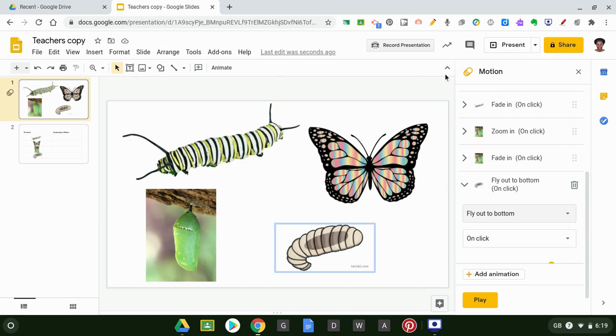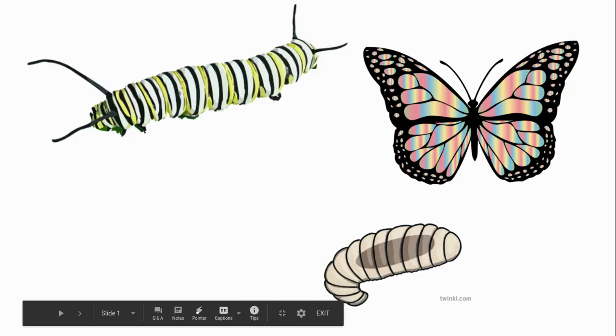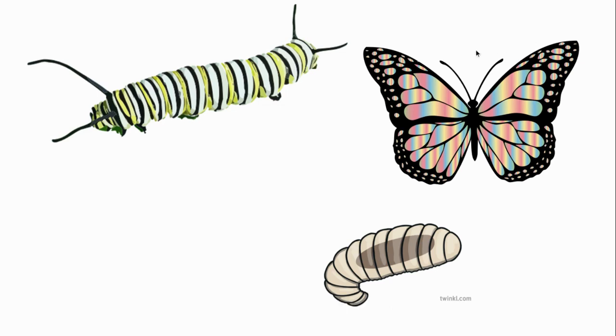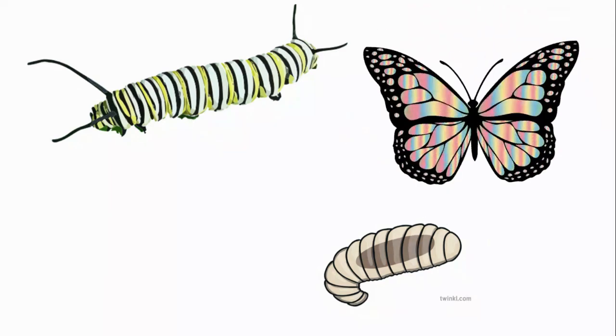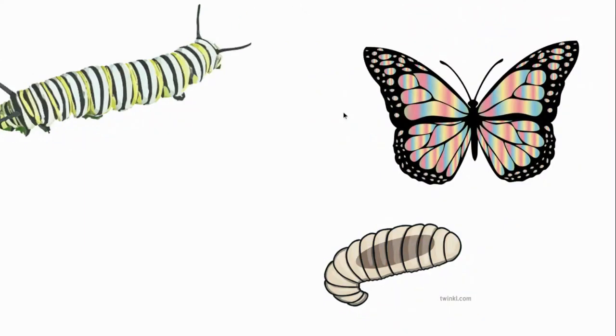So I now want to go and see if it's moving. Where do I go? To make it the big screen. The big screen, you go to present here. Now, when it's on the big screen is the only time you can see the movement. And how do you see the move? You just click. If you have a mouse, you click the mouse. If you're using a touchpad like on a Chromebook, you press the touchpad. Now, there goes my butterfly.